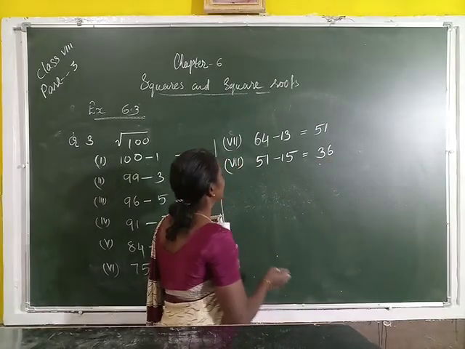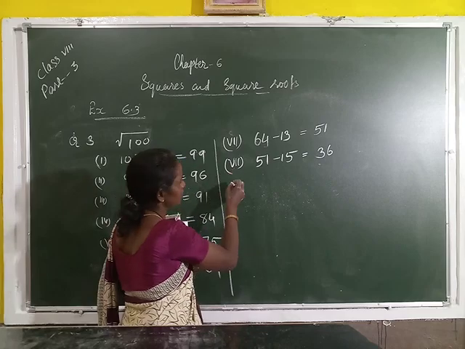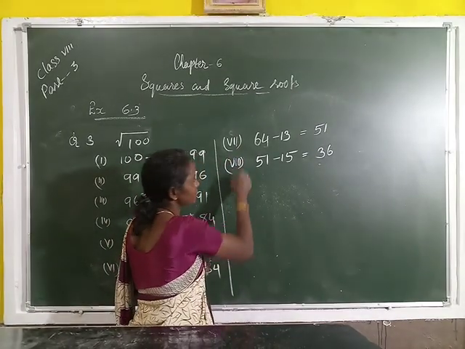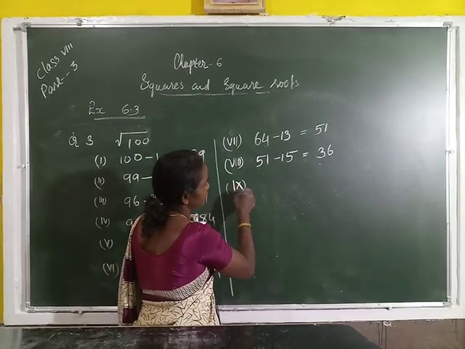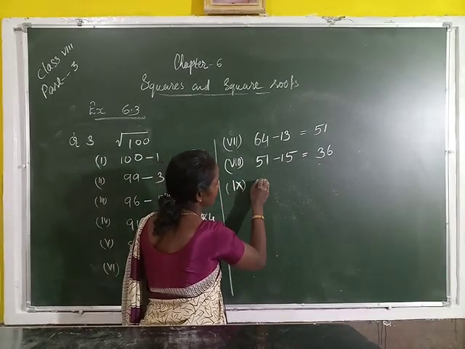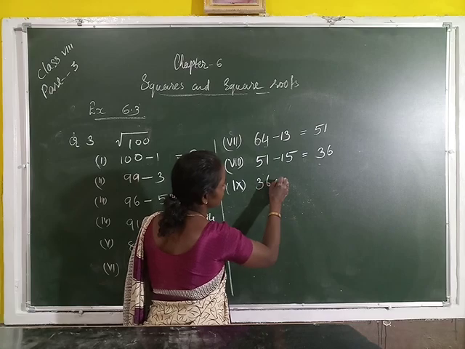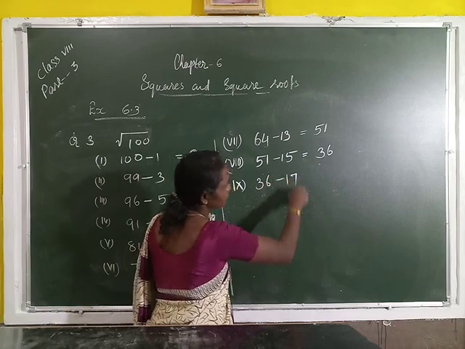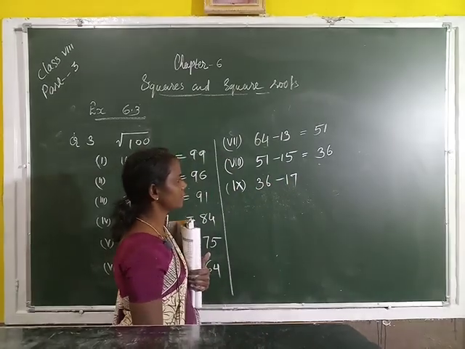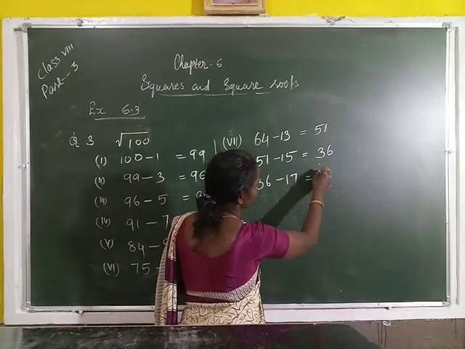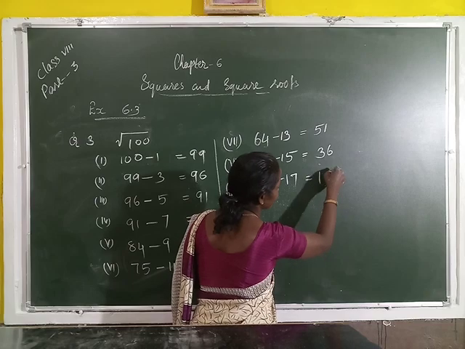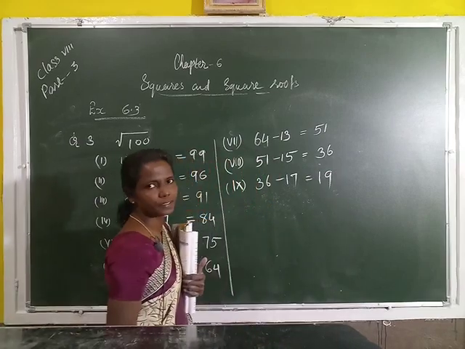The next step, the ninth step. Then which number? 36 minus 17, which is 19.